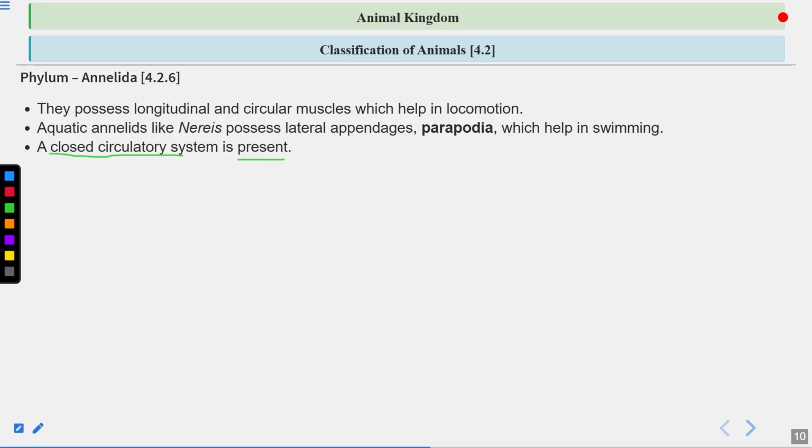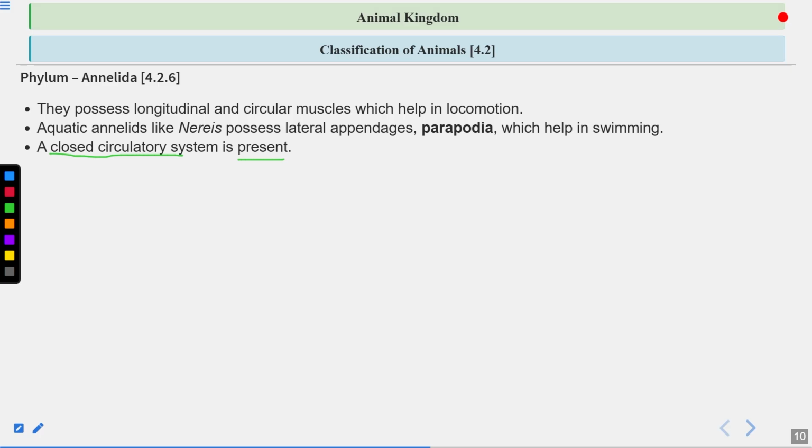Okay. Mesoderm and mesoglea. There is a difference. Mesoglea is present in the case of diploblastic organisms. It means they have two layers of cells. The outer one is the ectoderm and the inner one is the endoderm. Now, in between these two, there is mesoglea. This is not a cellular level.